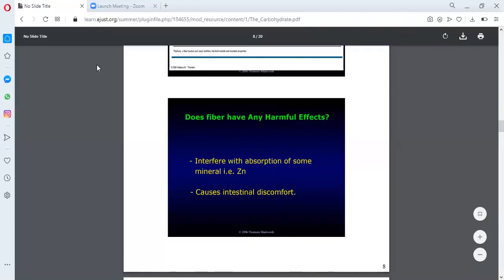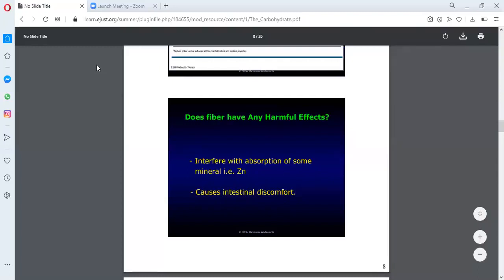It can interfere with zinc, calcium, and different minerals and vitamins. So keep this in mind. If a patient wants to eat a lot of fibers and is also taking, for example, multivitamins or minerals, you need to do spacing. This is very important. Also, it causes some flatulence and intestinal discomfort, because remember, these are very complex carbohydrates that we cannot digest.